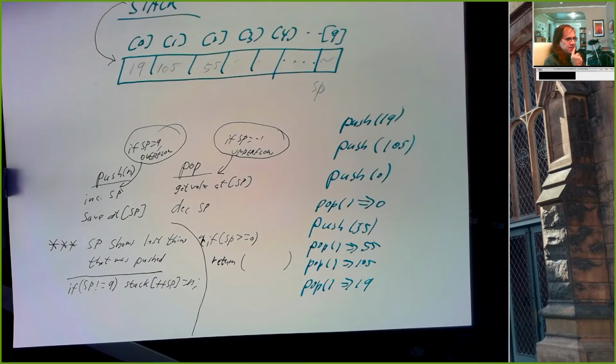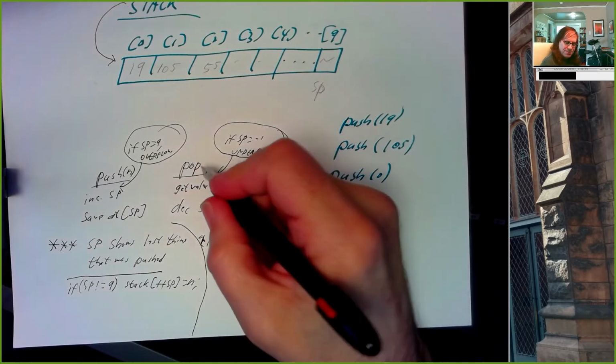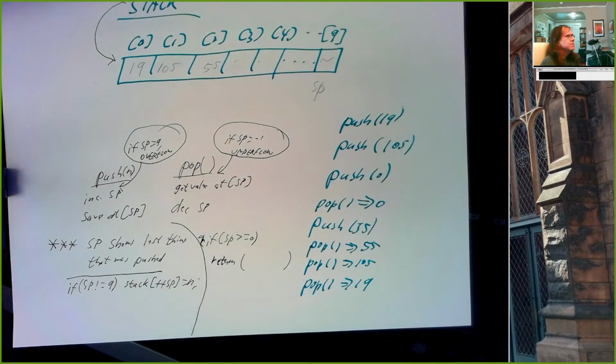That's the index into the stack. Star SP is closer. N, we don't have an N because we're just doing pop, which doesn't take an argument.